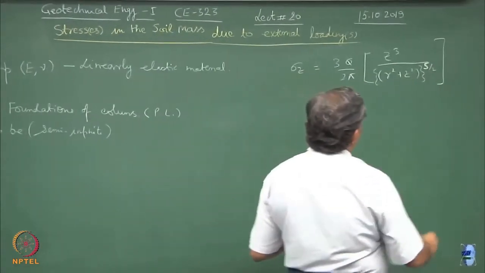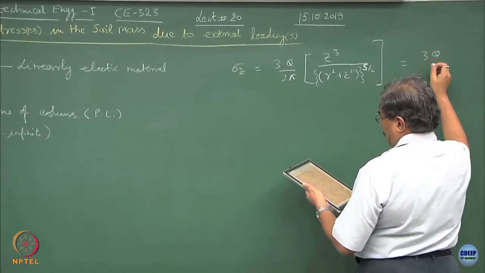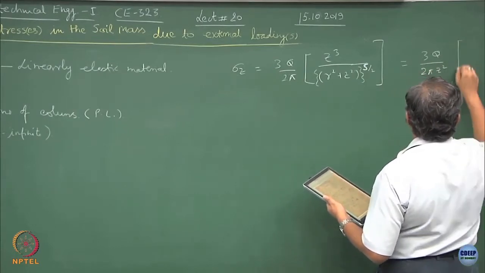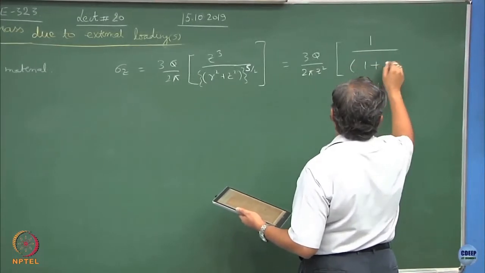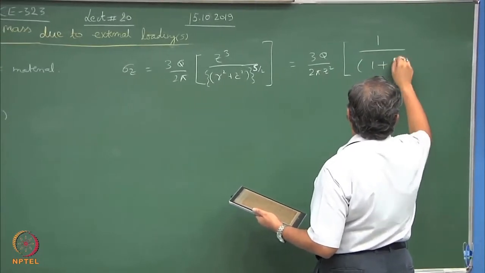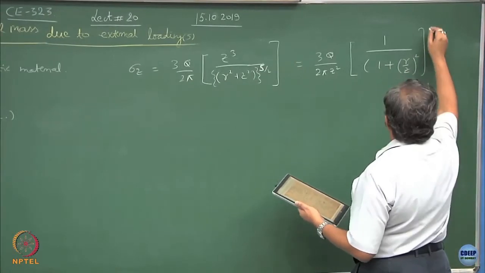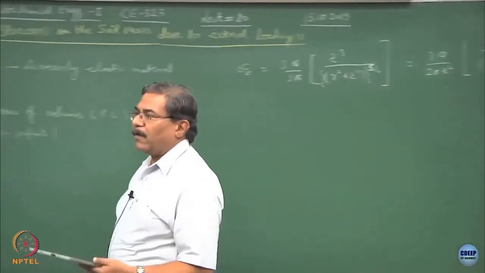This can be simplified to 3Q upon 2 pi z square, into 1 upon 1 plus r by z square to the power 5 by 2. I think this one is easy to remember, alright.